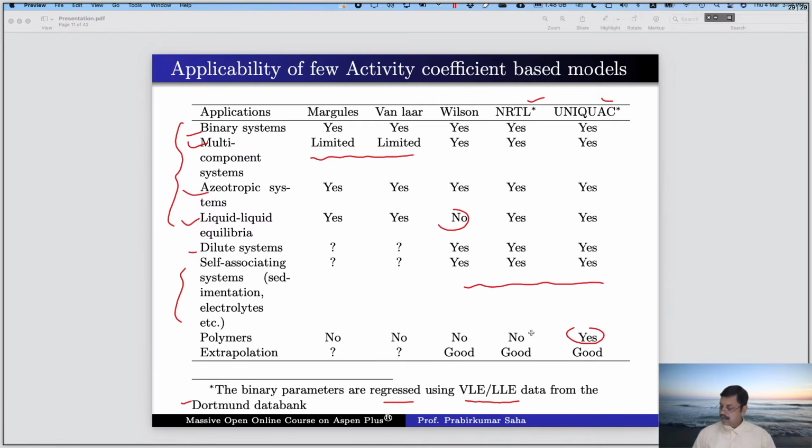None of these, Margules, Van Laar, Wilson, NRTL, work for polymer systems. And for extrapolation kind of work, we cannot use Margules and Van Laar. We have to use Wilson, NRTL, or UNIFAC activity coefficient models.